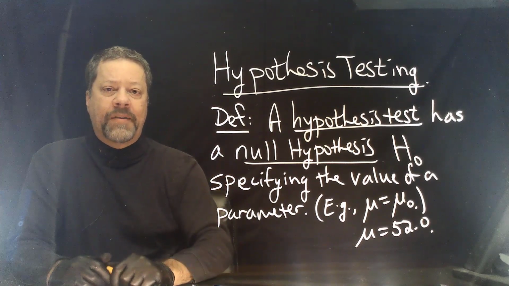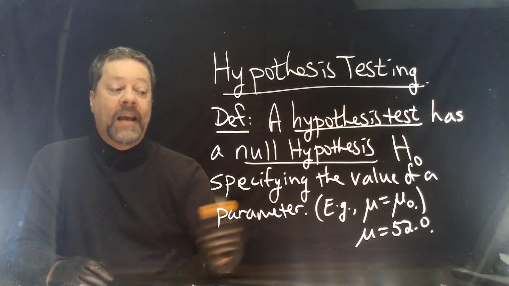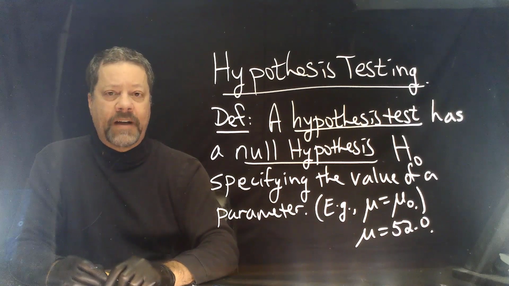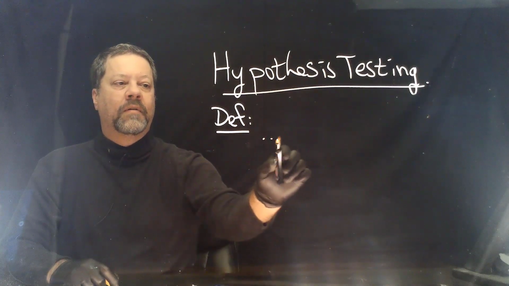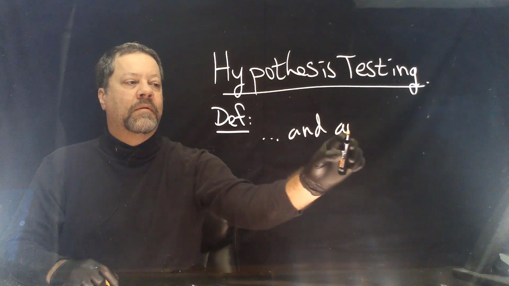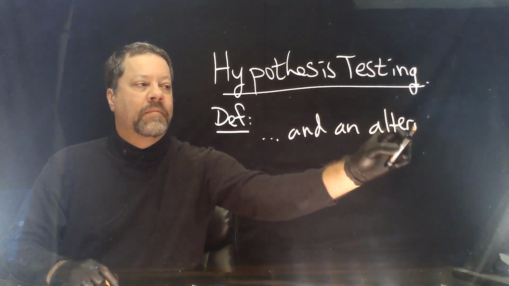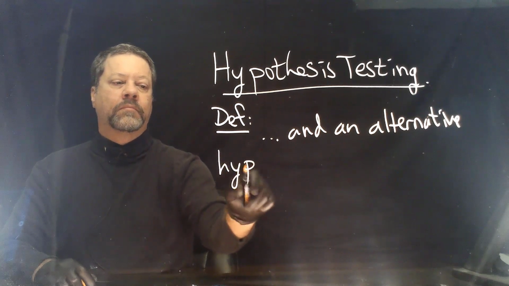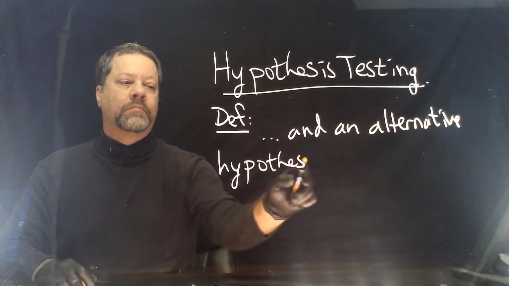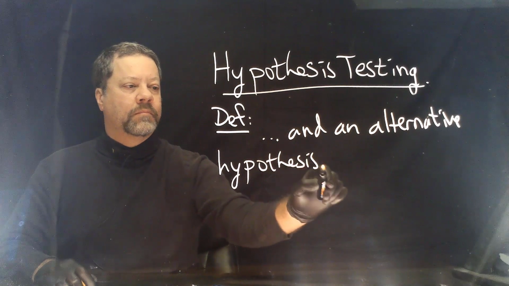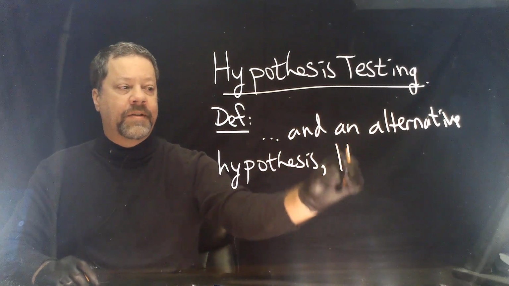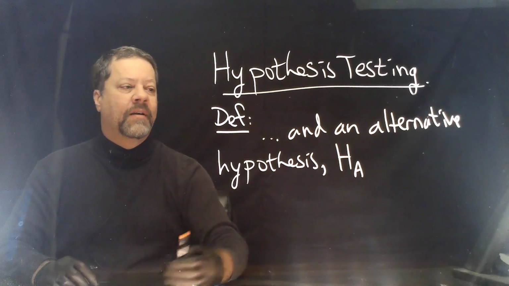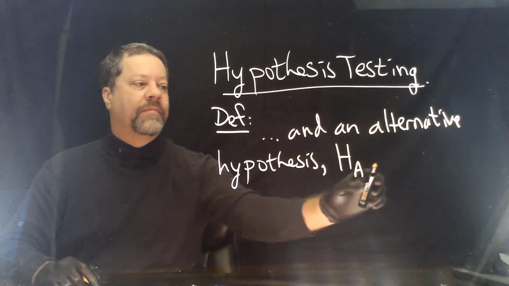So every hypothesis test has a null hypothesis, but it must also have an alternative hypothesis. The alternative hypothesis is denoted by H with a capital A as a subscript. There are three forms.